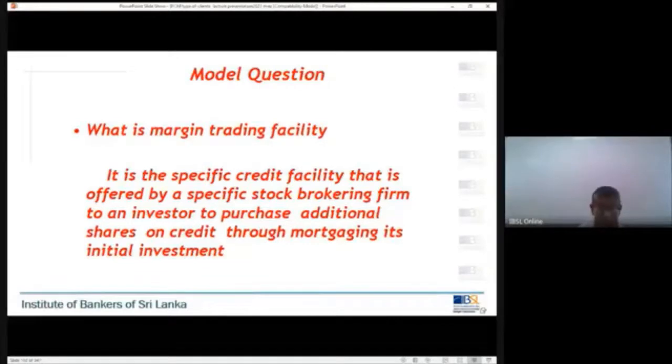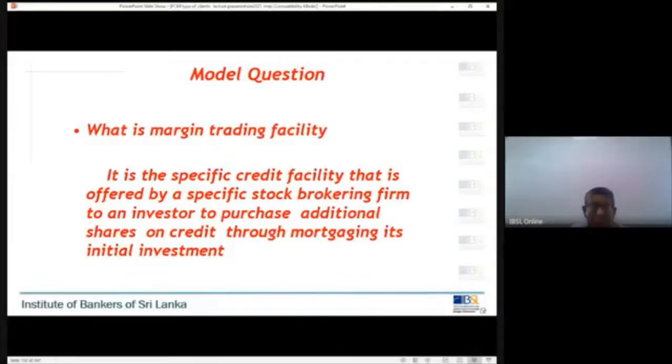And I have to mortgage my initial investment with them. Clear? I already have 500,000 worth of shares, but I want to buy another 500,000. So I am getting the loan, keeping my earlier 500,000 worth of NDB shares with that company.